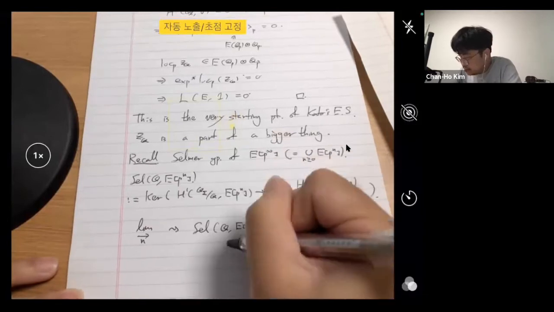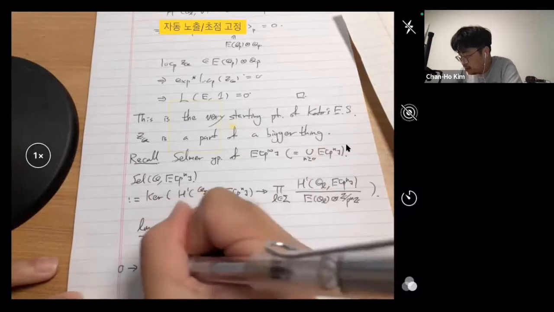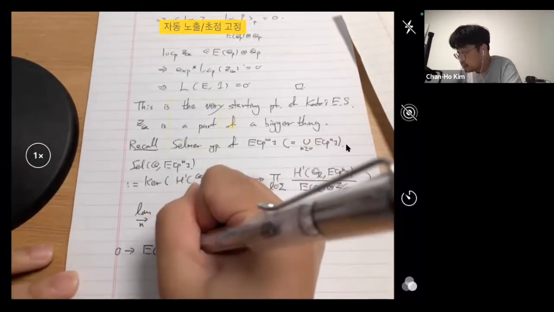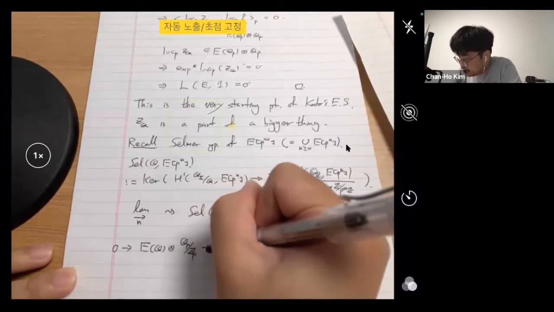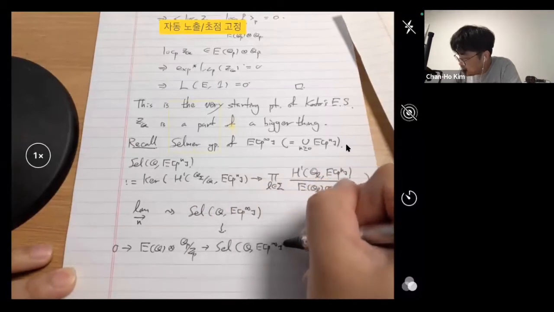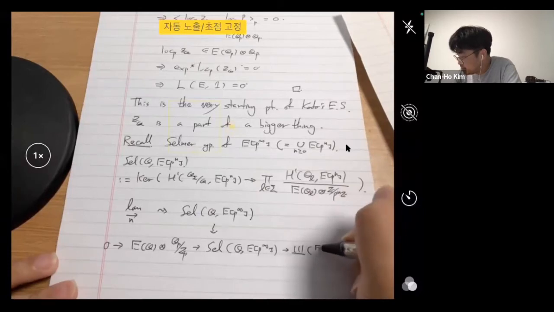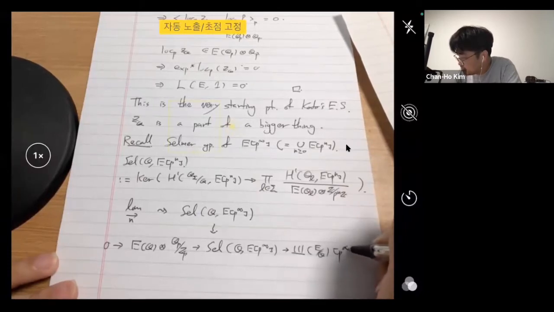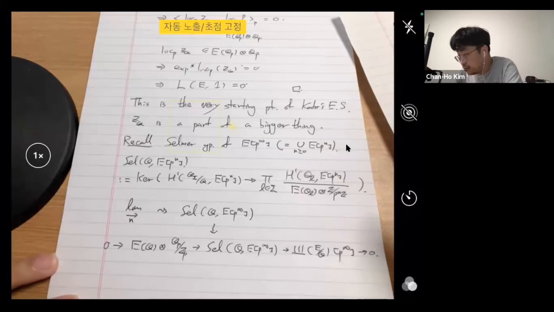And this fits into an exact sequence: E(Q) tensor Q_p/Z_p goes to this Selmer group and goes to the p part of the Tate-Shafarevich group. And of course, Q can be replaced by any finite extension or even algebraic extensions of Q.